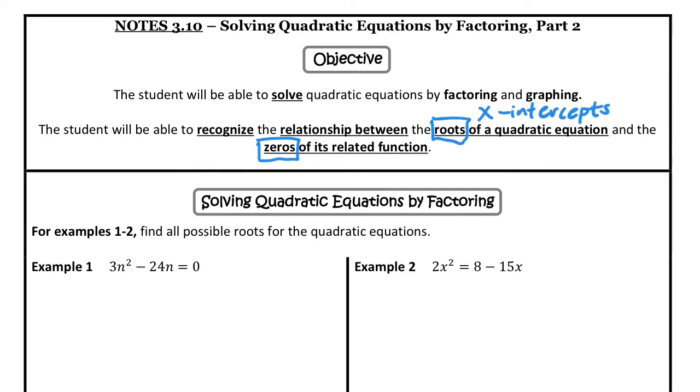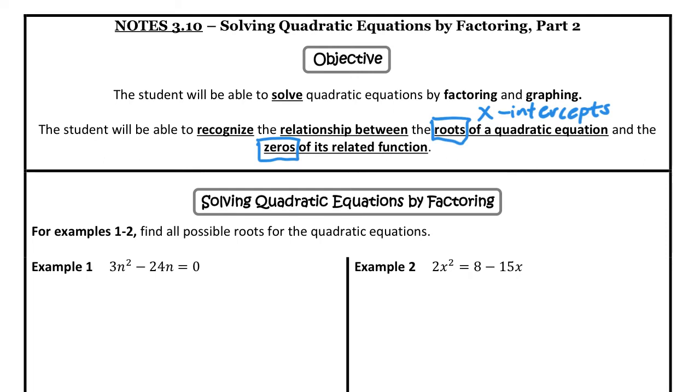Okay, so if you hear the word x-intercepts, roots, or zeros, they are all referring to the same thing. Usually when we solve a quadratic equation, we call them roots, and when we graph them and find the x-intercepts, we usually call them zeros, but they all refer to the same thing.